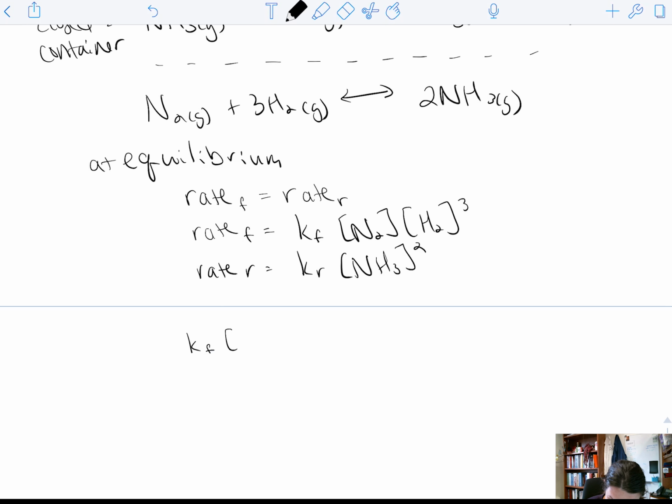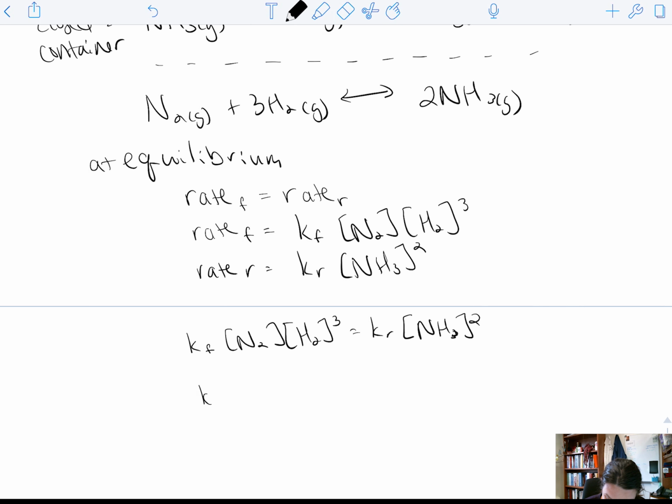So Kf [N2][H2]^3 equals Kr [NH3]^2. And we can come up with an expression where we have our rate constants on one side, our concentrations on the other side.